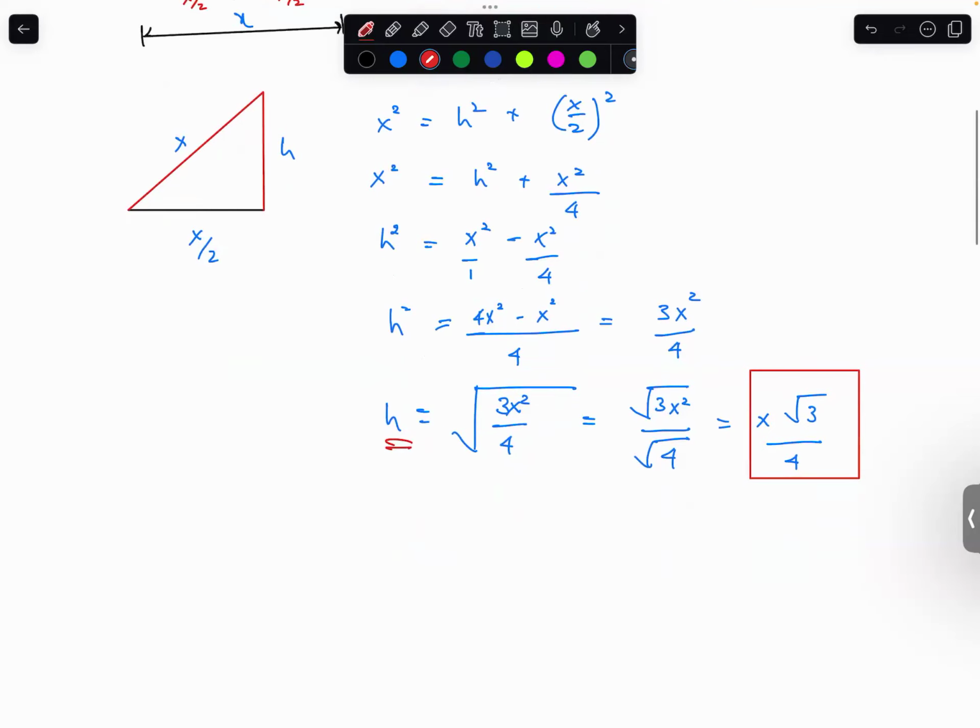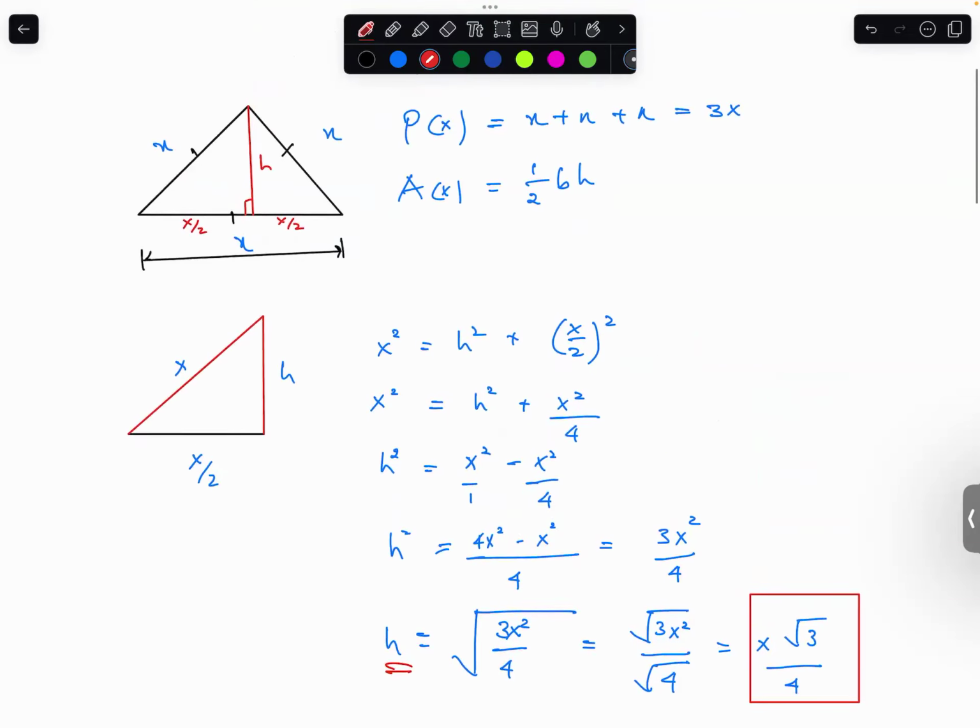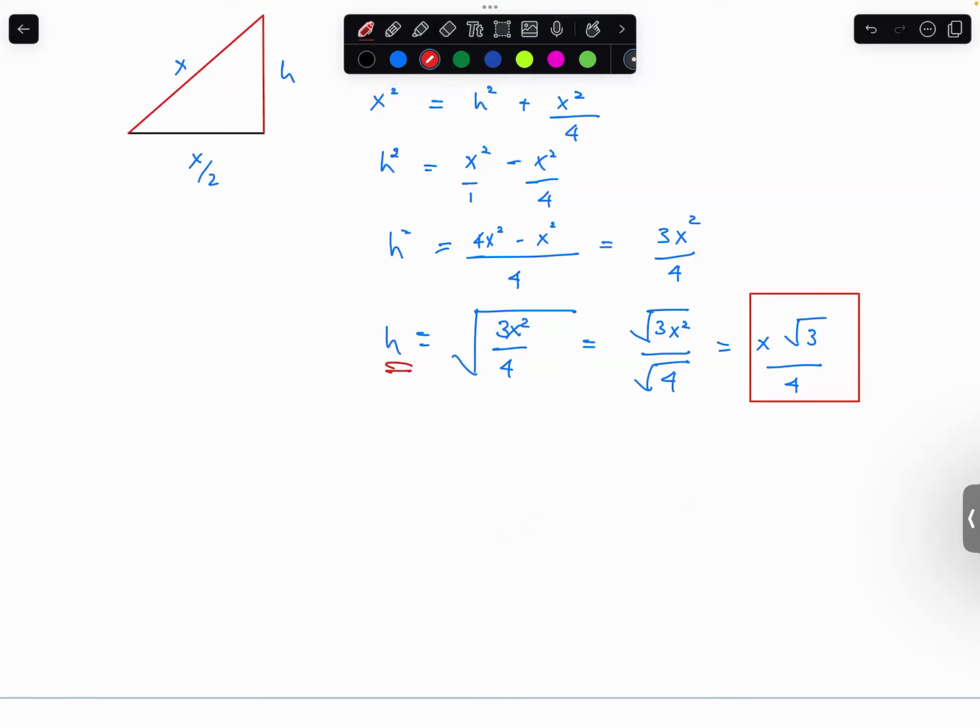Now, if we go back to what we have above, we said that the area, let's write it here, A of x is equal to 1 over 2, the base times the height. We know the base is x, and we now have the expression for the height of this triangle.